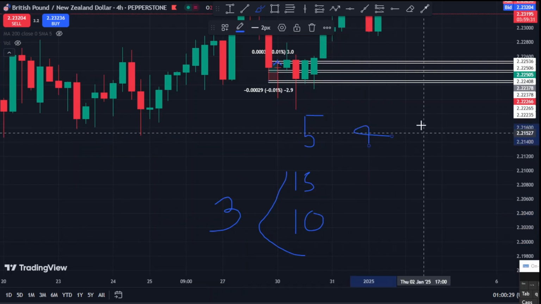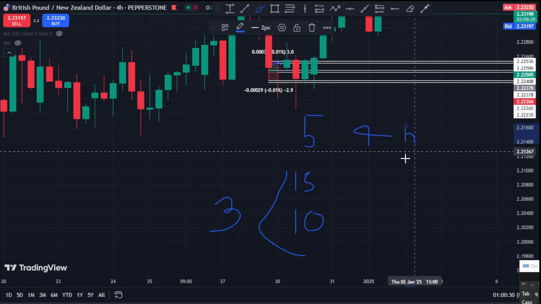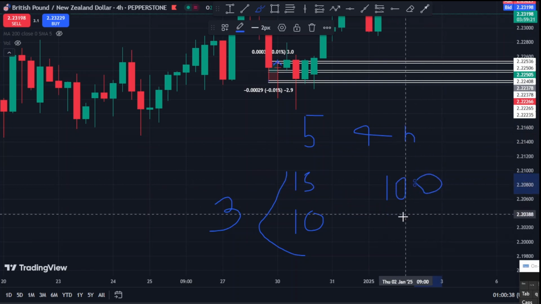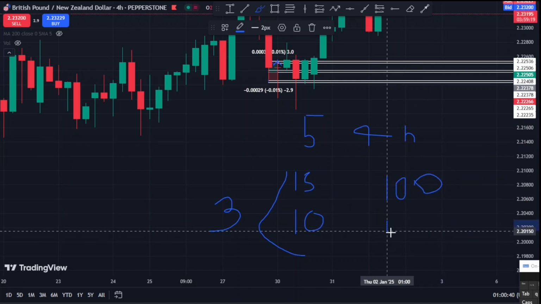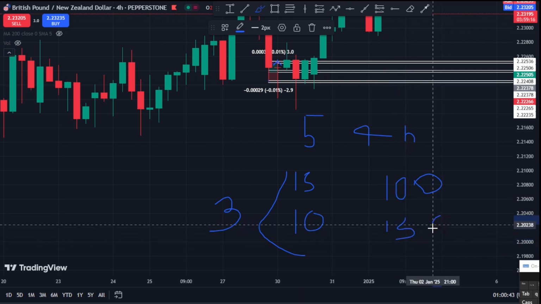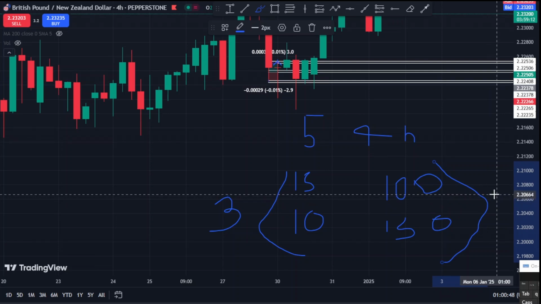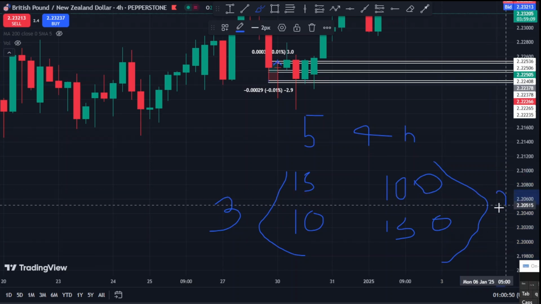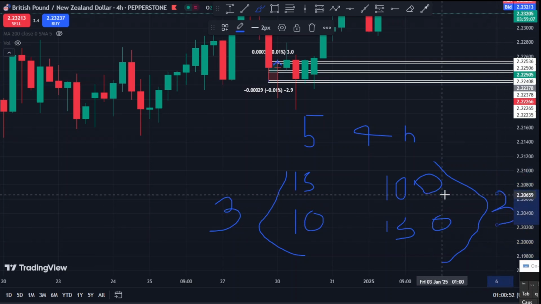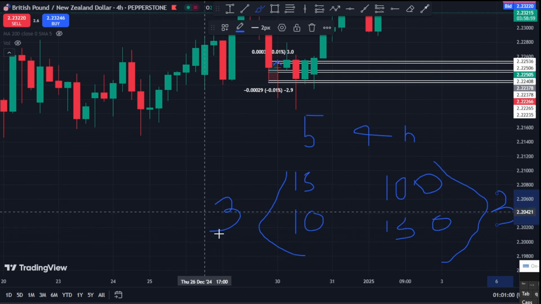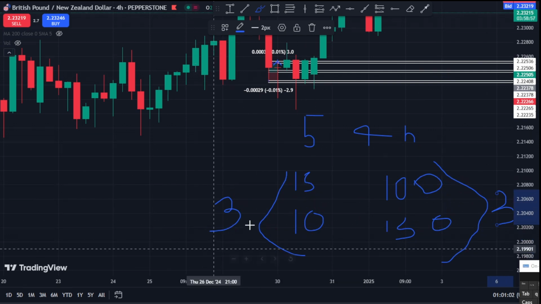But if you're trading the 4-hour, you're probably looking for maybe even 100. This is a big time frame, so you're looking for really a lot, 100 pips, 150. Again, 3 pips in 100, there's a big chance that won't affect your trading. But if you're looking for 10 pips and your spread is 3 pips, that is something to be concerned about.